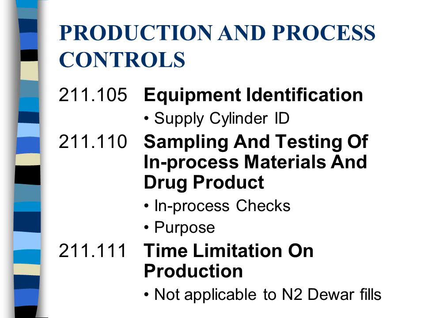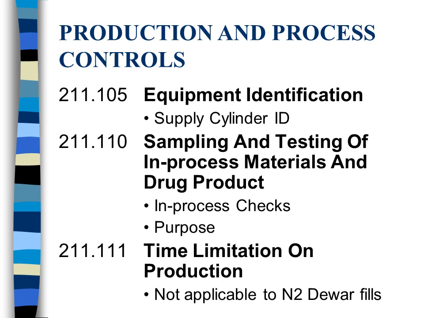Sampling and testing of in-process materials and drug product. In-process checks. Why do we do in-process checks? When you are filling a liquid oxygen reservoir, you want to make sure that when you're looking at the reservoir itself, that it isn't generating frost spots. If it is, that means that it has lost its vacuum integrity.